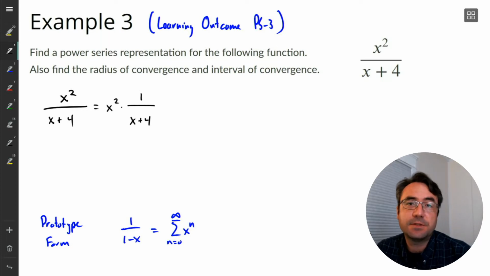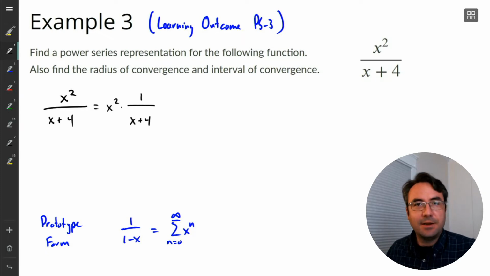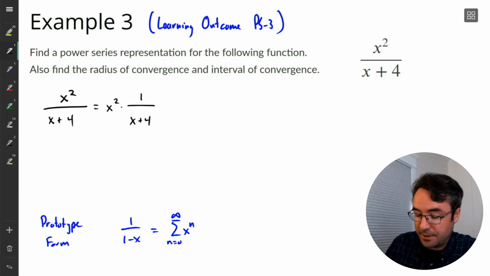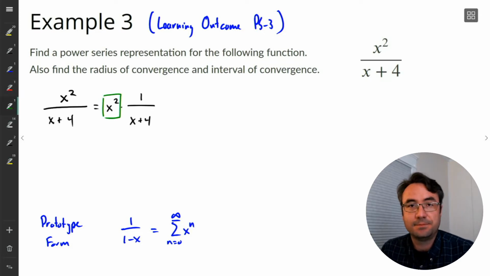And so when we look at this function that's now ever so slightly split apart, there are really two pieces of it that we consider. This x squared part, that's a power function.